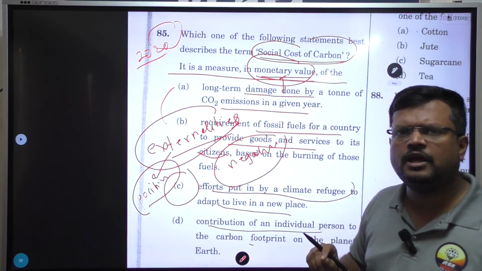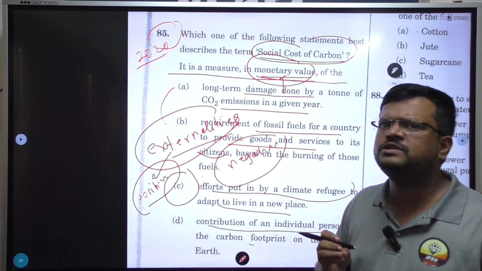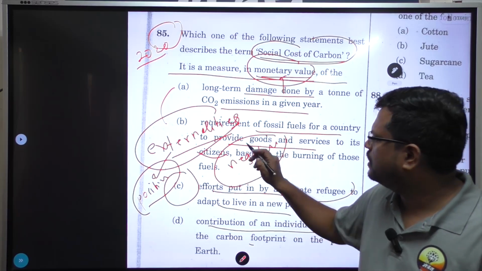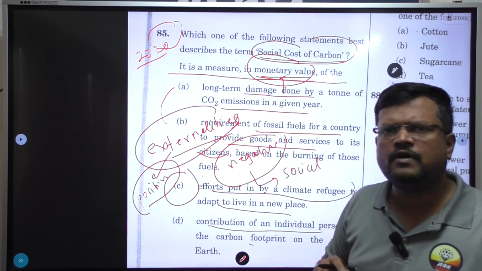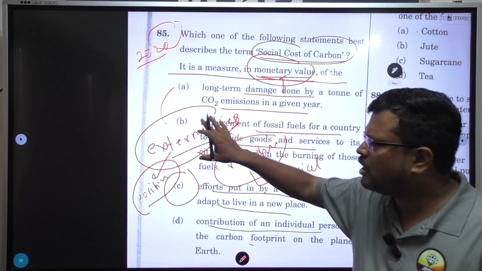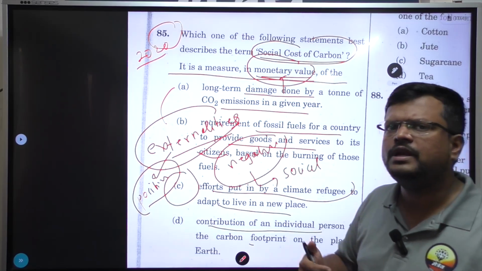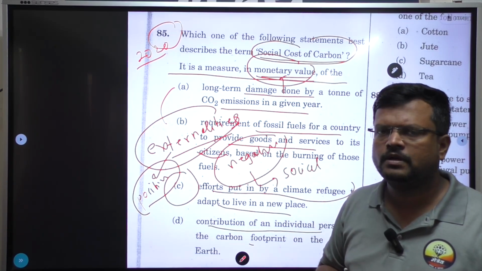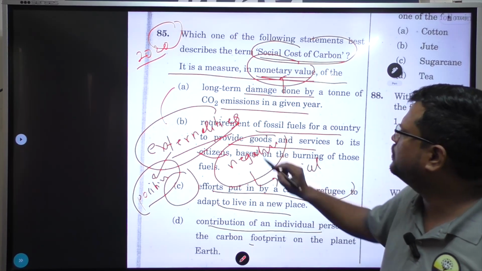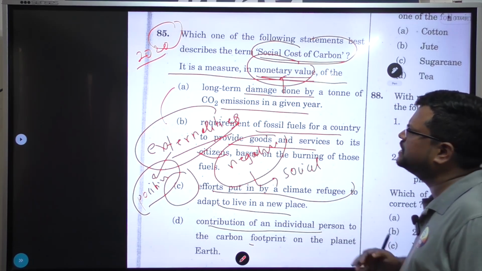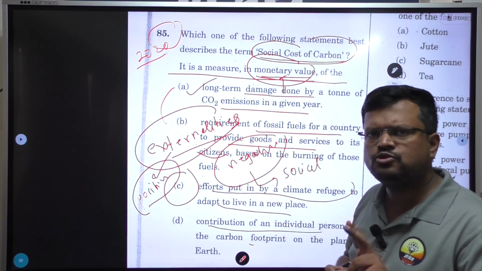So negative externalities take into account those activities which have negative social cost. So social cost of carbon means, based on our understanding of the basics, such things which have negative externalities or basically environmental damage. So long-term damage done by a ton of CO2 emissions in a given year is the more appropriate answer based on two things.